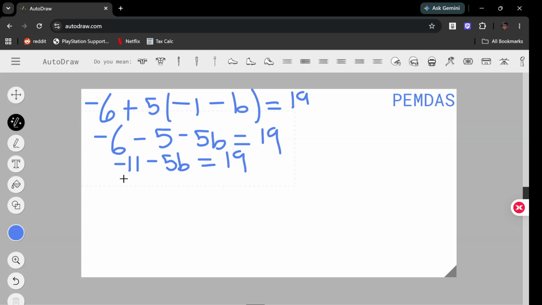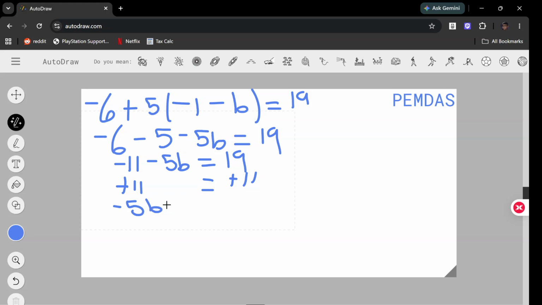I want to get b by itself, so I'm going to add 11 to both sides. That will give me -5b equals 30. Cool. And if I want b by itself, what should I do? I should divide by the number in front of b. The number in front of b is -5, so I'm going to divide both sides by -5.